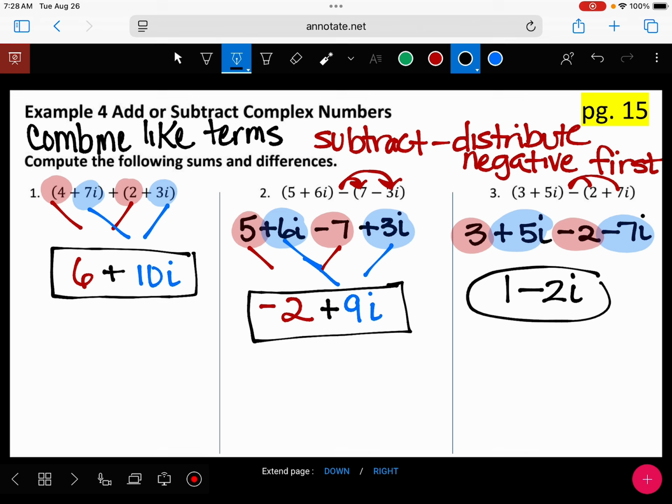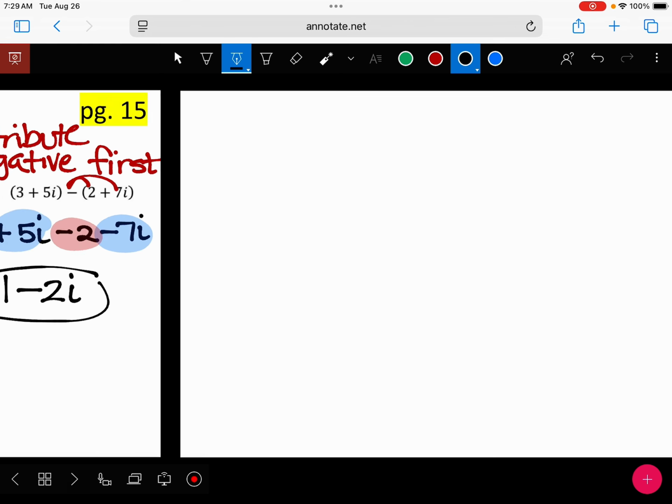Then I combined my like terms. 3 minus 2 is 1. 5i minus 7i is negative 2i. Who had that right? Just curious. All right, let's do the next one. Let's look at number 4.